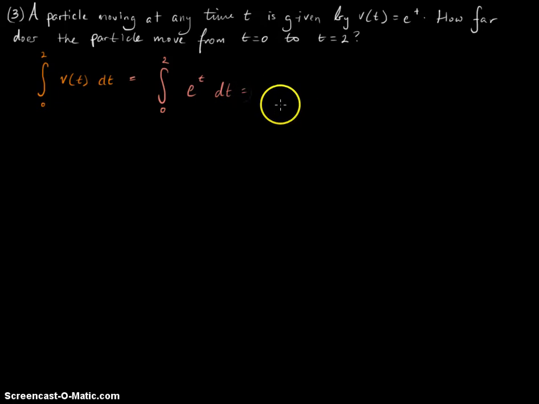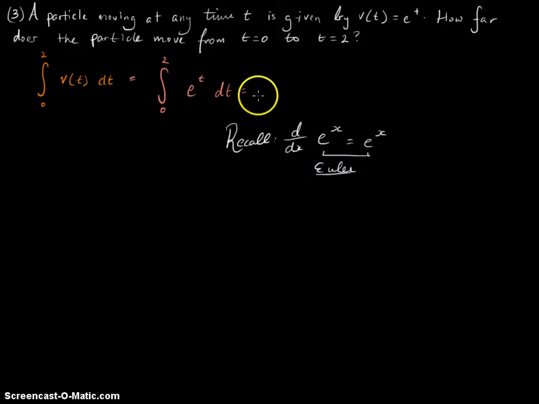And now recall that the derivative of e to the x is just e to the x because it's an identity, it's Euler's number, or Euler, I don't know how you pronounce it.